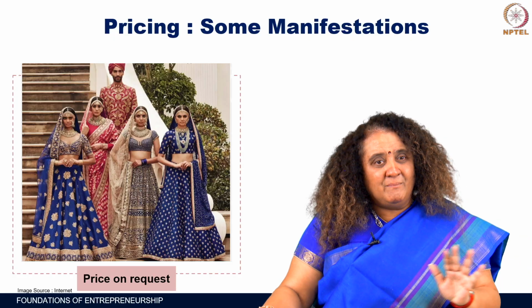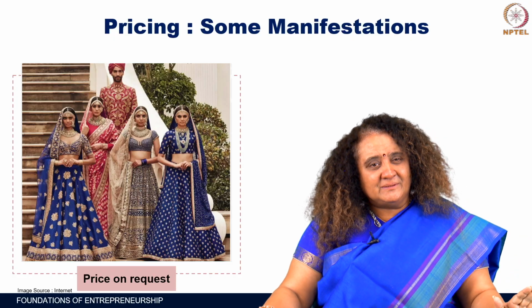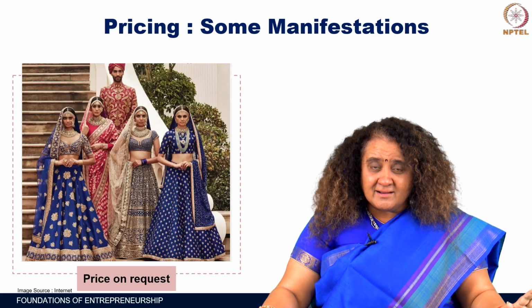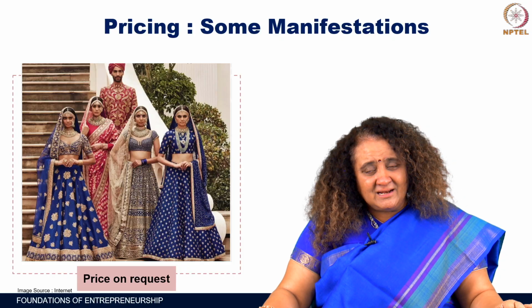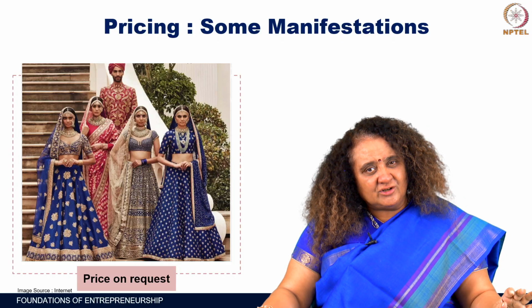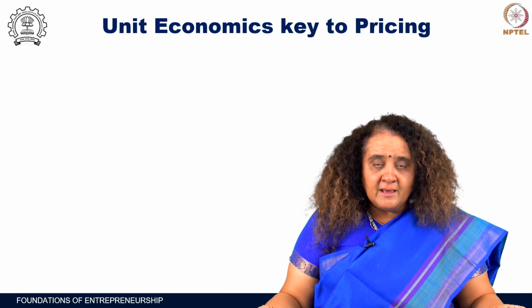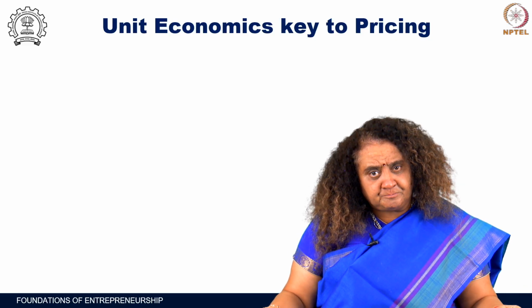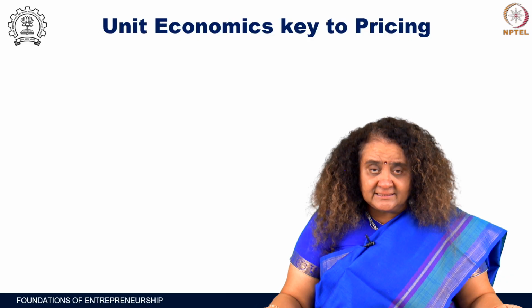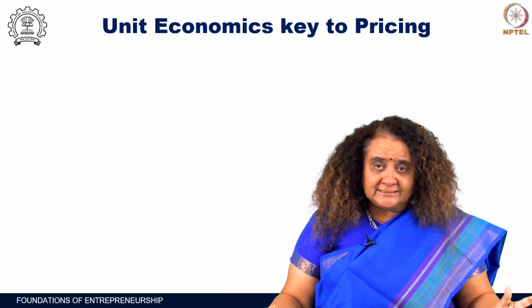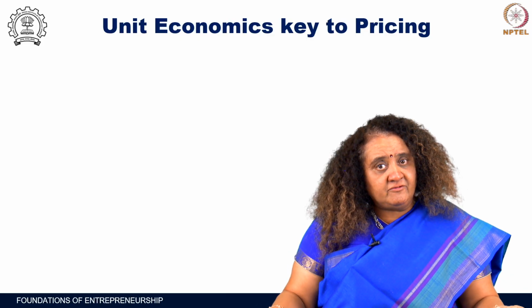The perceived value of this product is different for different people, and that is why it says price on request. We have seen some manifestations of pricing. We have also seen some approaches to pricing, 3 approaches: cost plus, perceived value and competitive pricing.